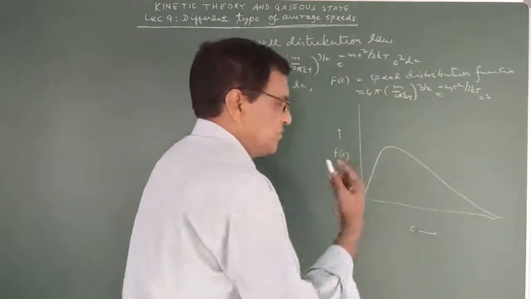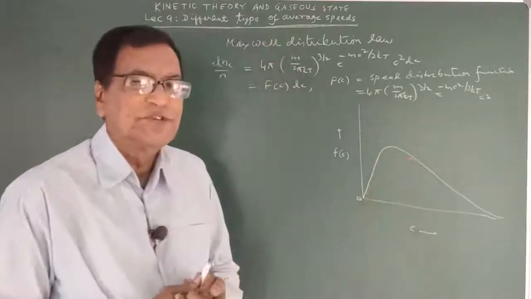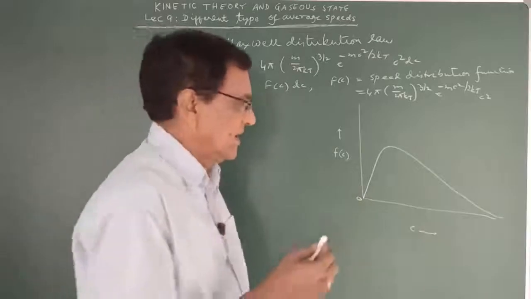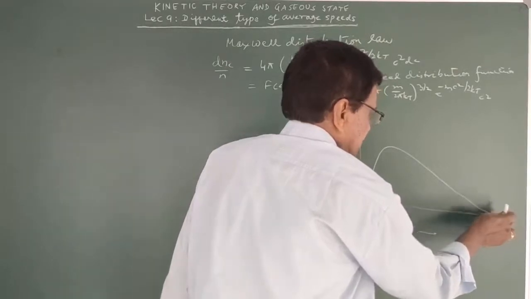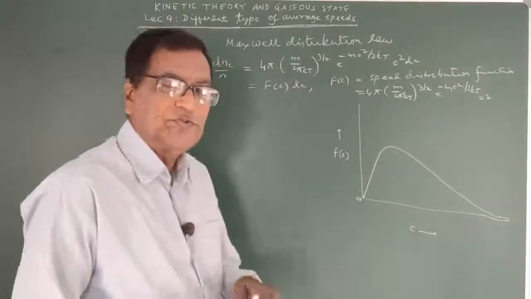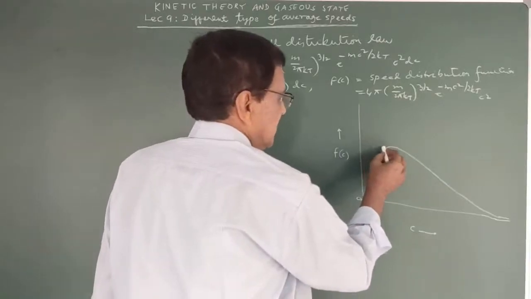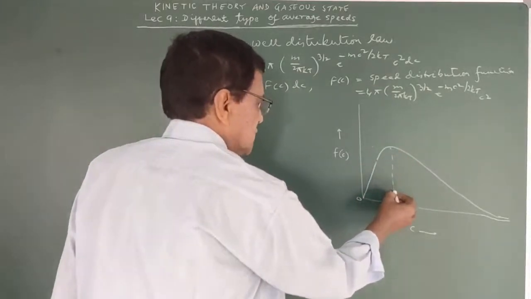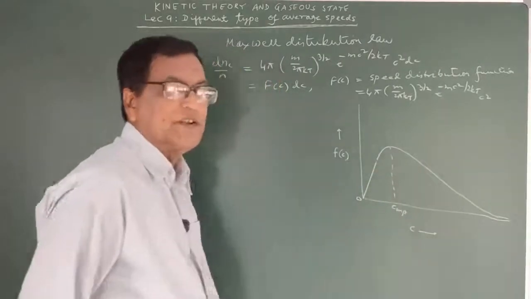This graph starts from 0, increases, attains a maximum value, and then decreases exponentially and becomes asymptotic with this axis c. And this is the maximum fraction of the molecules, and these molecules have this speed c, which is called the most probable speed, c_mp.